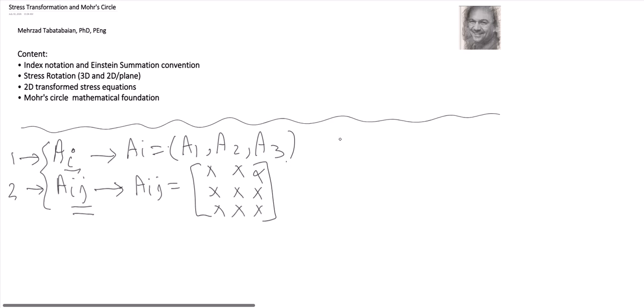Now, Einstein summation convention tells us that if you have an expression, let's say A, I use A here for representative symbol here.